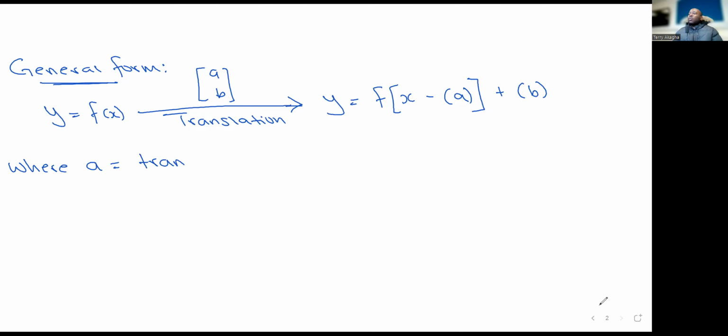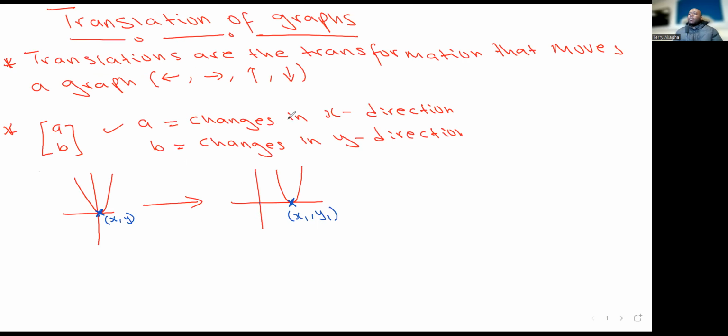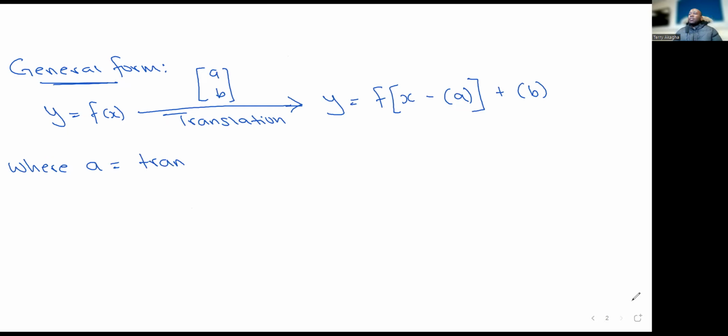Remember I told you previously that A represents the changes in the x direction, while B means the changes in the y direction. So that means A is then a translation in the positive or negative x direction.